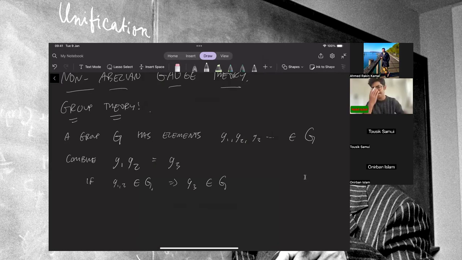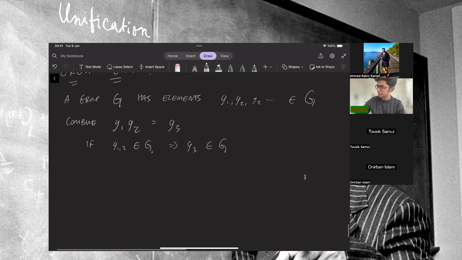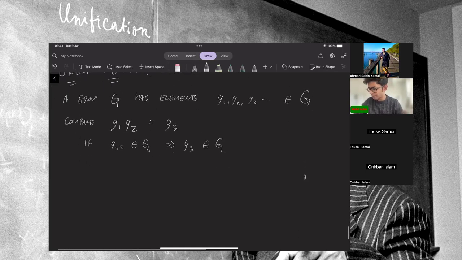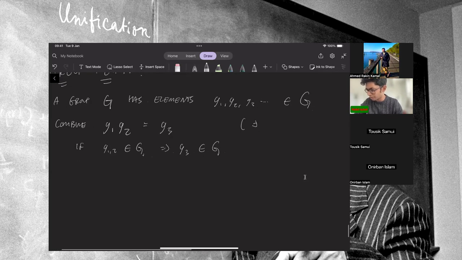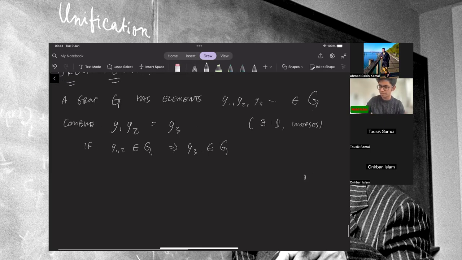For example, there must be an identity element in the group, and there must be a way to take inverses of elements in the group, and so on. I'm not going to go into that in any detail. It's going to be common sense for us that this is the case, but this is the meaning of a group. The mathematician in me is a bit upset at this, so let me just say that there also exists the identity element 1 and inverses. Okay, now the mathematician in me can be at peace.